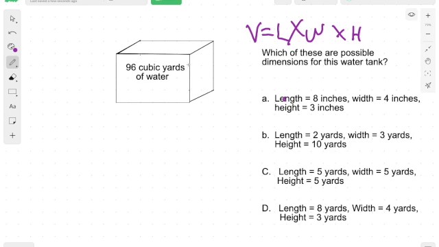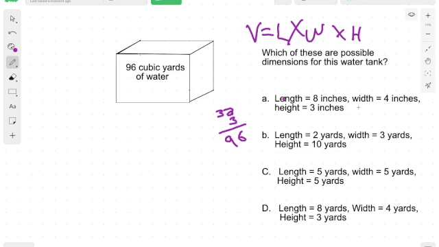So let's see. 8 times 4, that's just 32 again, isn't it? And then 32 times 3, 3 times 2 is 6, 3 times 3 is 9. Hey, is it possible the first one is the correct answer? Let's see.